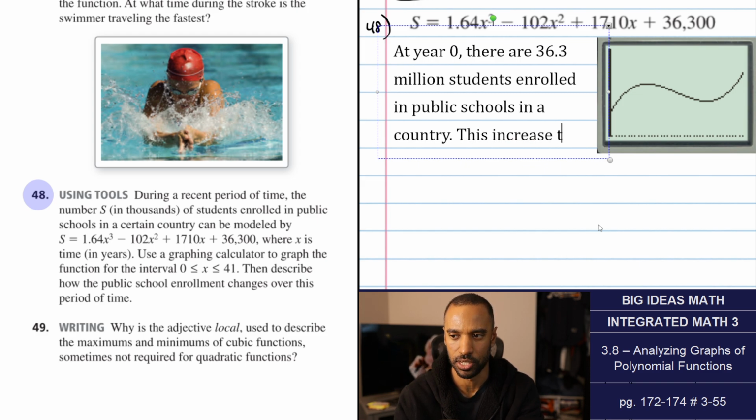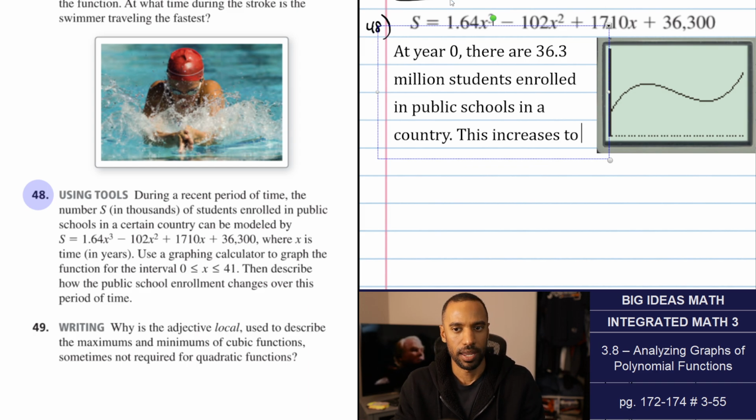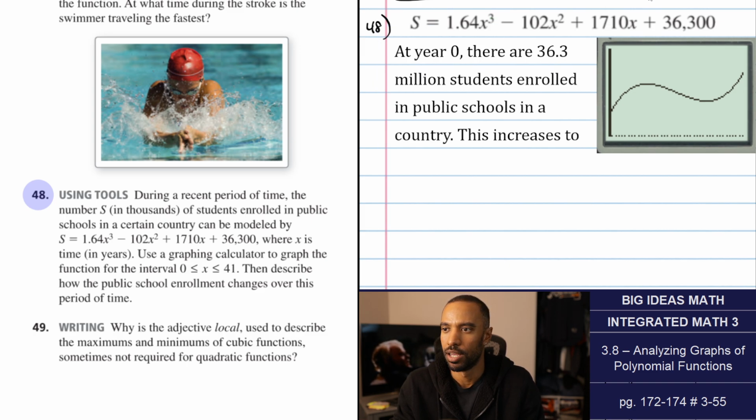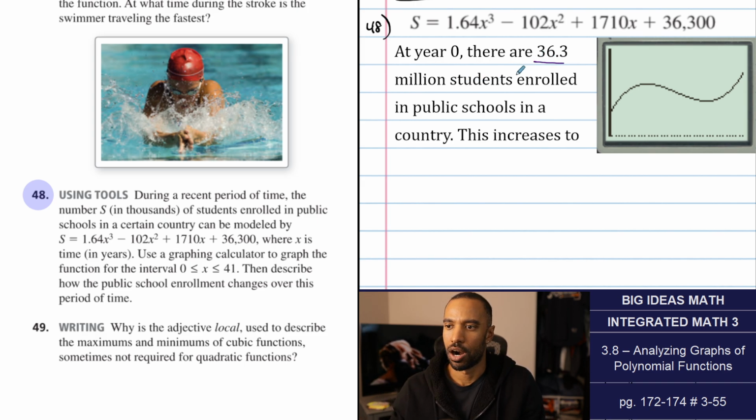This increases to, and here's what I want to find out. I want to find out what it increases to, what year, and how many. So I'm going to find the maximum. I'm going to look for this guy right here. And actually what I'm going to do is I'm going to color code everything. There are this many on year 0 right there. The next thing I'm looking for is right here, this maximum.